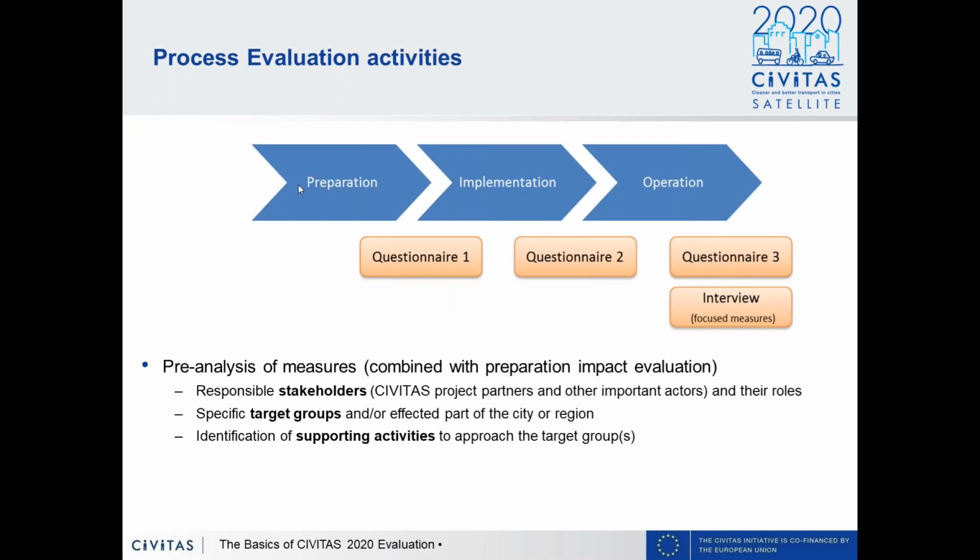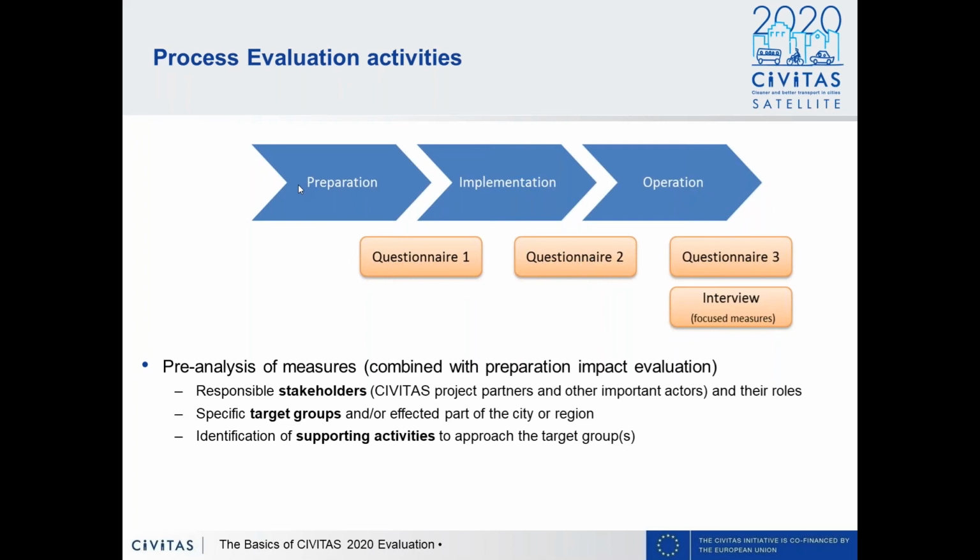In fact, to do a good process evaluation, it's important to do a pre-analysis of the measures, because it's important to understand who is really working on that measure, which are the responsible stakeholders and what are their roles, and maybe whether there are links between these stakeholders. That's one thing.